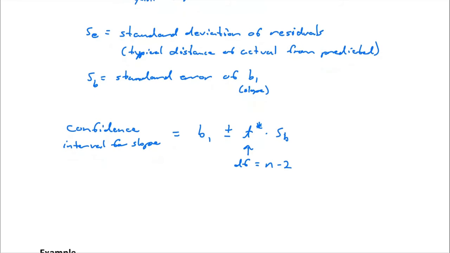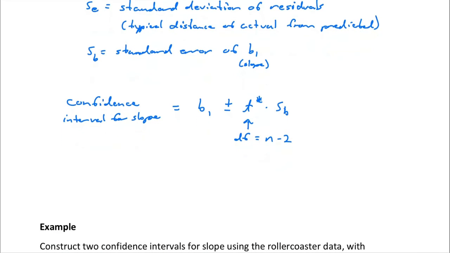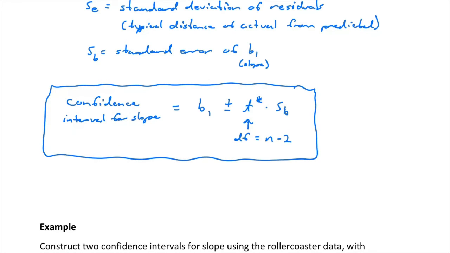And again, that's because the predicted value involves two parameters, not one. So every time you add a parameter or a variable, you're subtracting another value from your DF, okay? So we're going to do DF equals n minus 2. All right, so this is how we find confidence interval for a slope. That's our formula, all right?